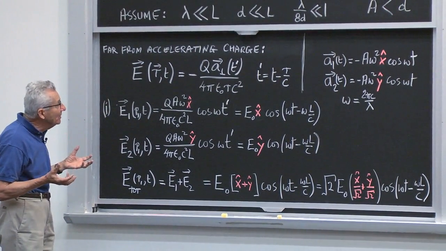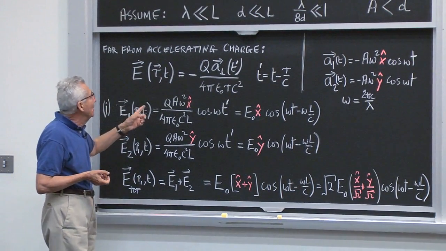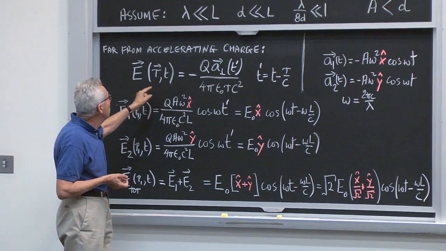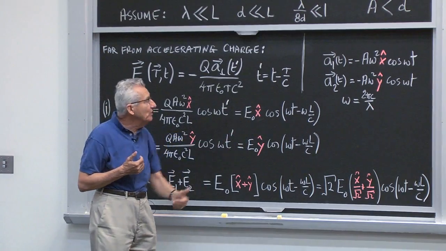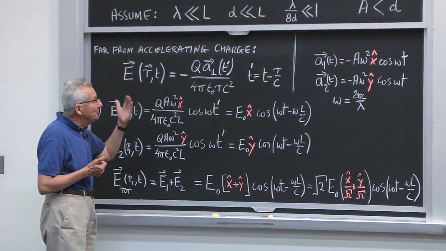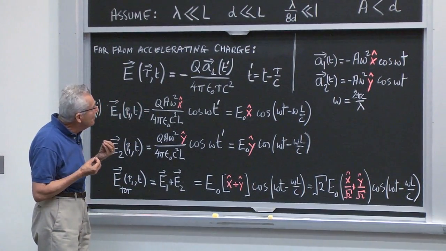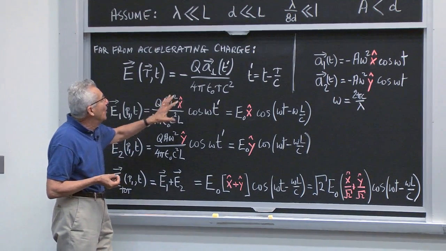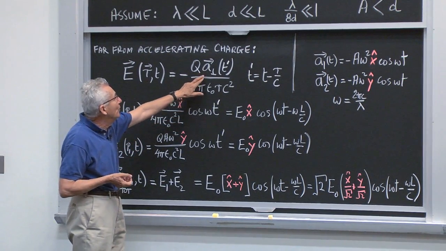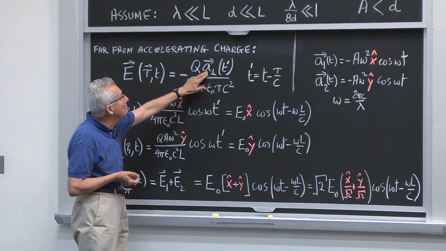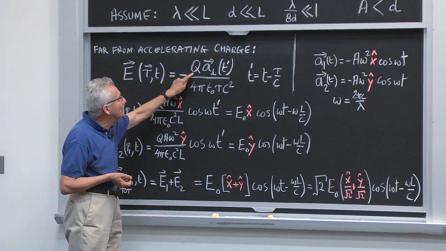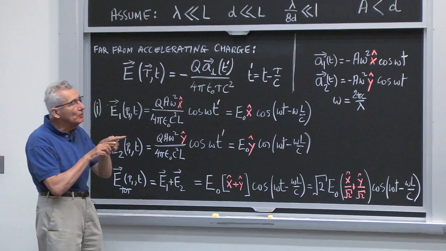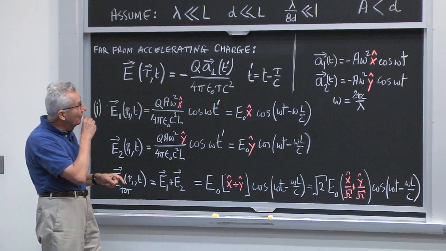I'm just reminding you that what we find is that the electric field at any position at some time t is given by, or related to, the perpendicular component of the acceleration of the charge. It's perpendicular to the direction of propagation.